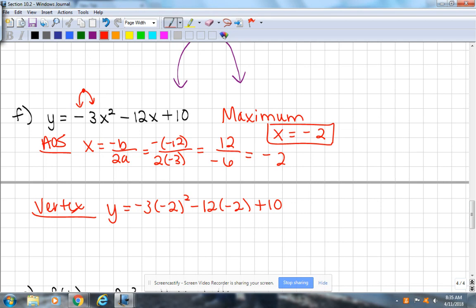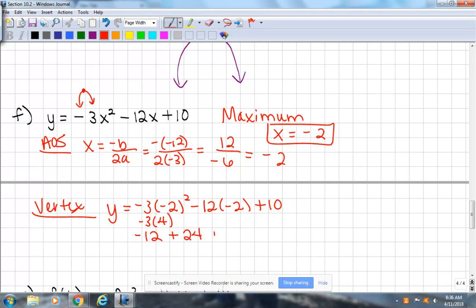Order of operations comes first. So what do I do first in this simplifying? The exponent, right? So what's negative 2 squared? 4. And what's negative 3 times 4? Negative 12. And then negative 12 times negative 2 is what?